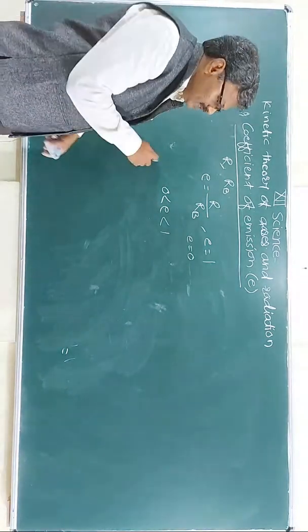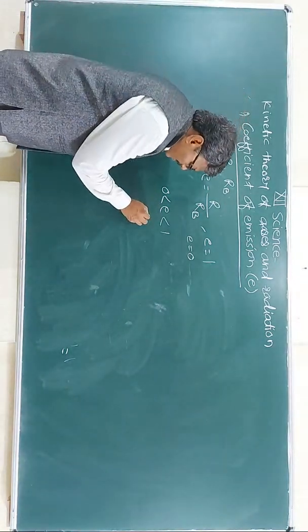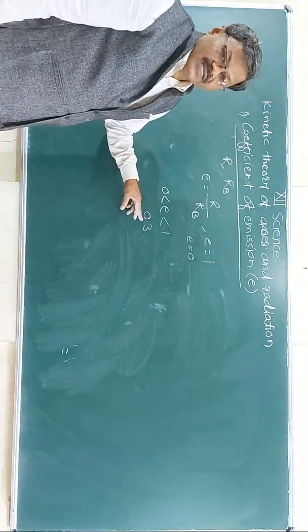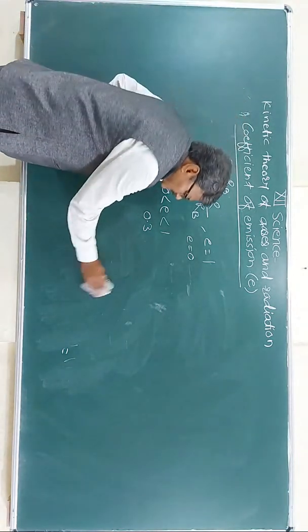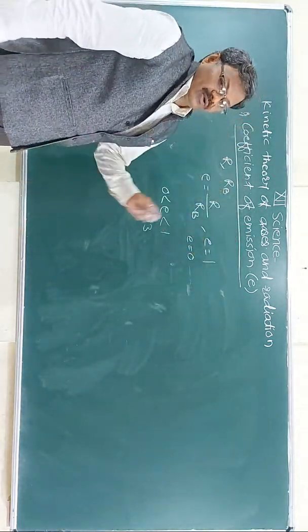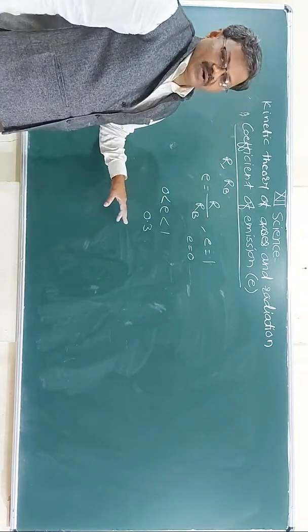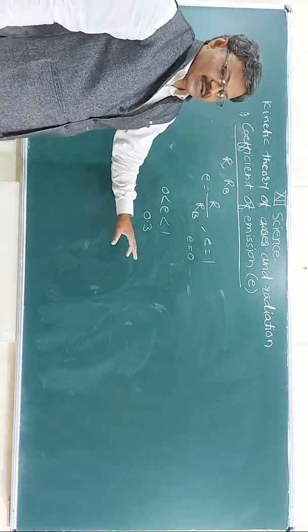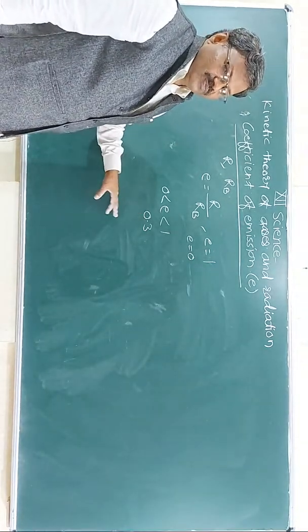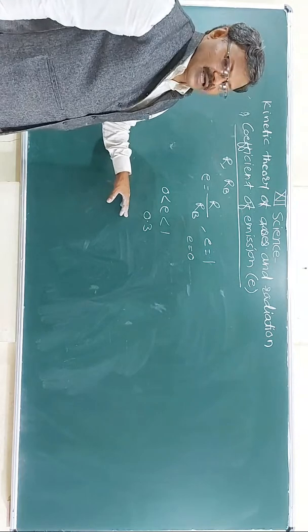Also, we know the coefficient of emission for copper is 0.3. Thus this is about the emissive power. The emissive power of a polished surface is less, while the emissive power of a rough surface is larger.